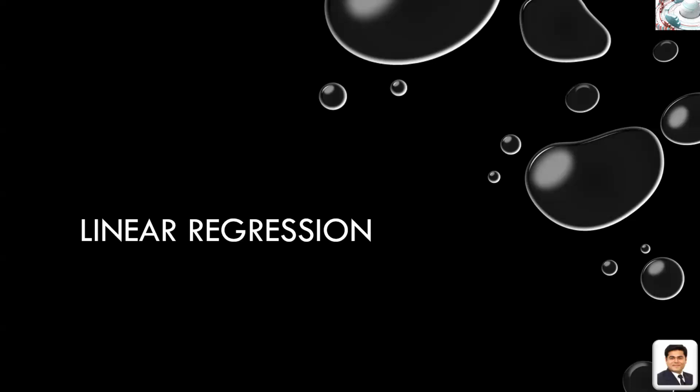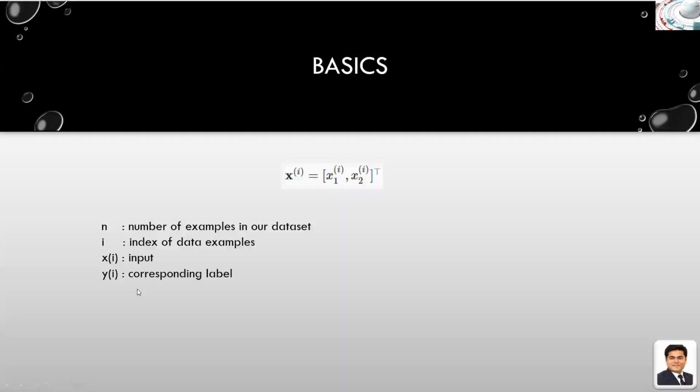Typically, we use n to denote the number of examples in our data set. We index the data examples by i, denoting each input as x(i), that is the input variables.